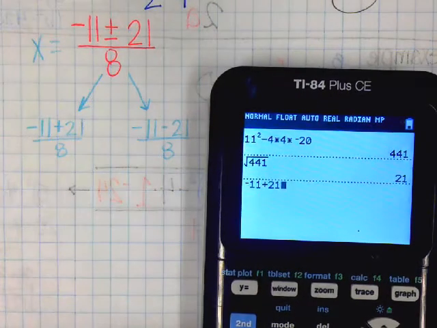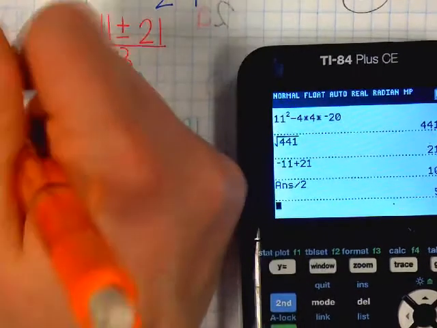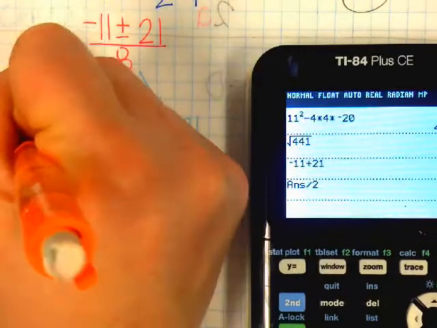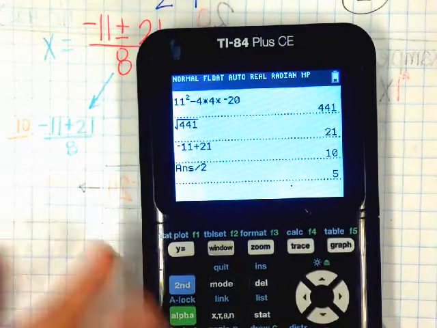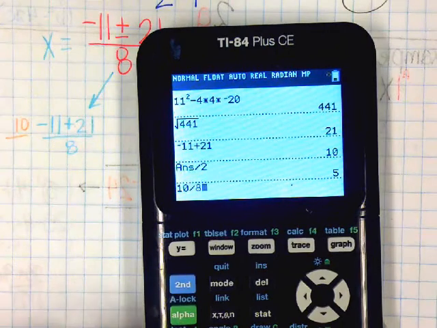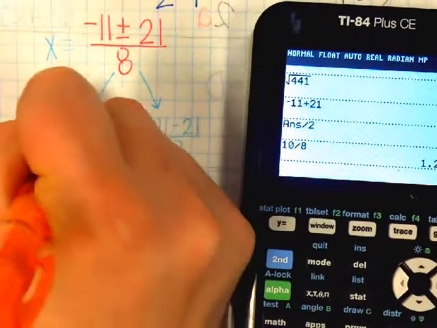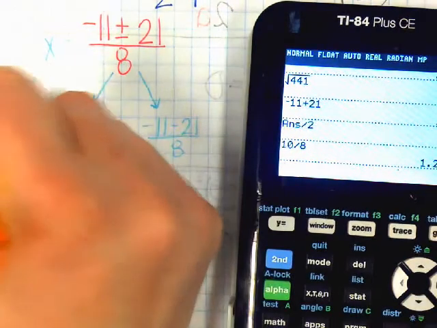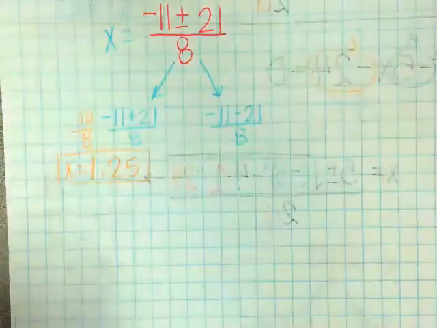So then you need to type in negative 11 plus 21 divided by 2. So negative 11 plus 21 is 10 divided by, oh, I typed divided by 2. Whoops. So it'd be 10 divided by 8, which is 1.25. So x equals 1.25.